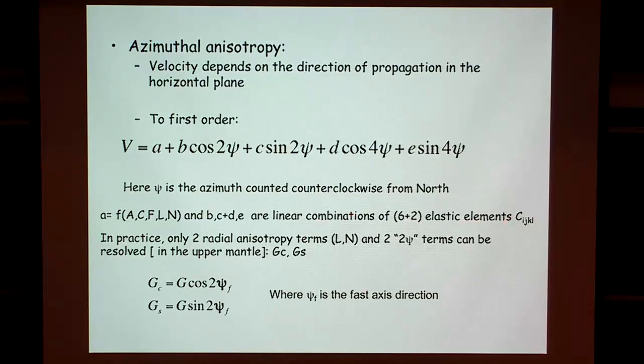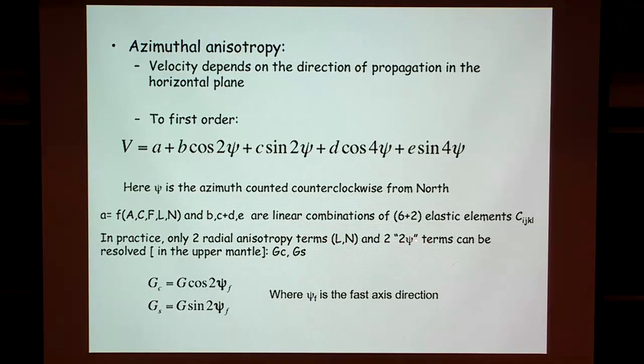So there's 13, and so you may ask what happened to the other 8. Well, the other 8 come in the odd terms, so you would have a cosine psi, sine psi, and cosine 3 psi, and sine 3 psi, but to first order, they can be ignored, which is helpful. So in practice, only, as I said already, 2 radial anisotropy terms, L and N, can really be resolved up to now.